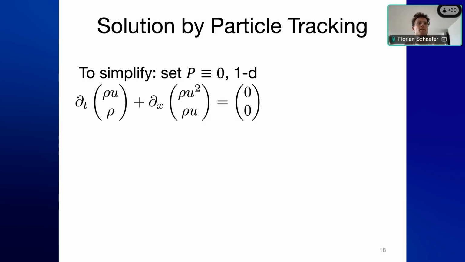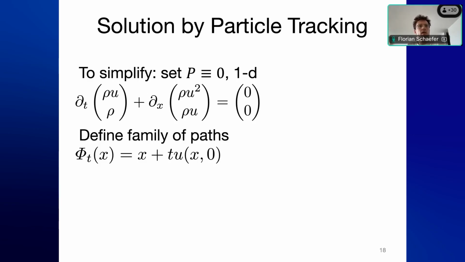And for our purposes, this pressureless model is nice because it allows us to define a somewhat closed form solution by defining these phi_t(x), these paths. So basically, how does this phi_t(x) work? It takes in a point x and maps that point to the position that a particle starting at x has at time t.